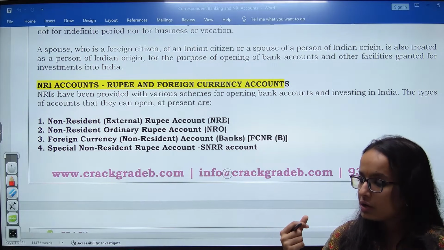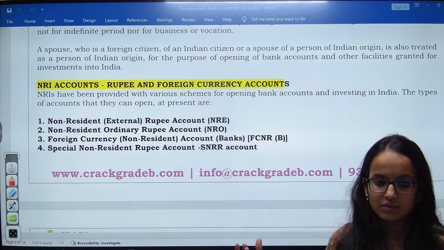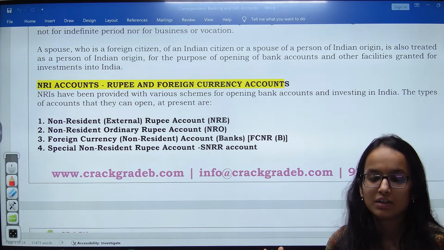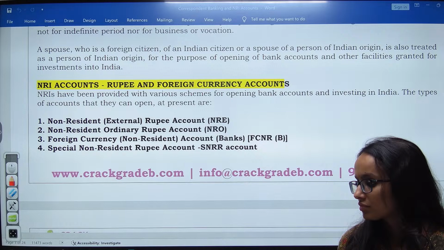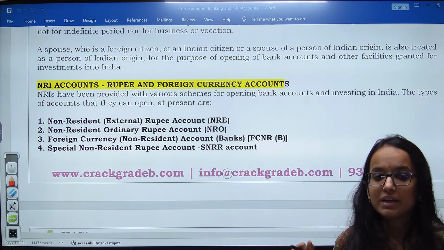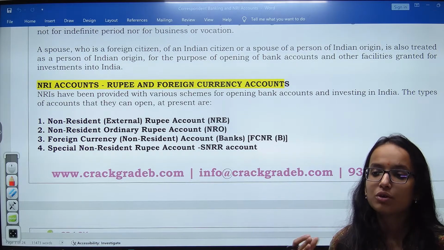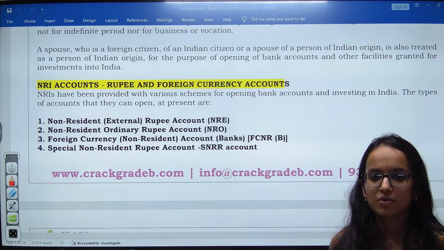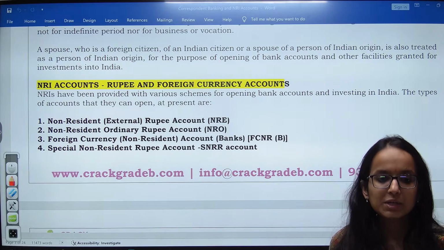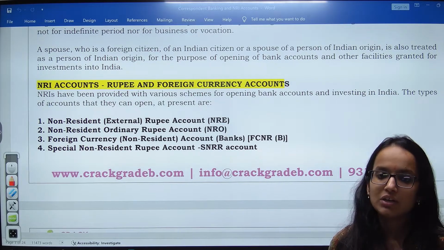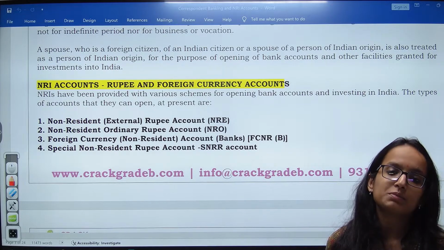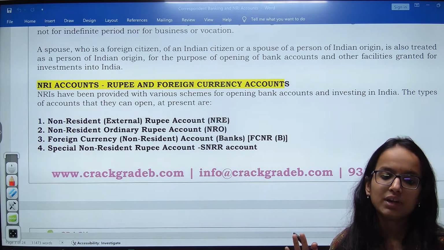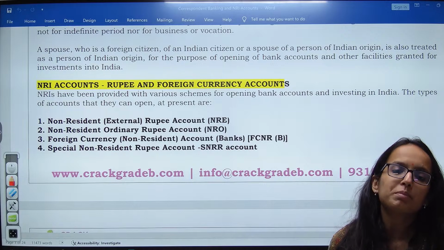In order to understand those differences, on what basis we are differentiating and what all can be the classification, you need to understand these definitions: who is an NRI, who is a PIO, who is an OCI. That's why we gave you the definitions specifically as per the Income Tax Act and also as per FEMA 1999, so that you get to know the bigger picture.